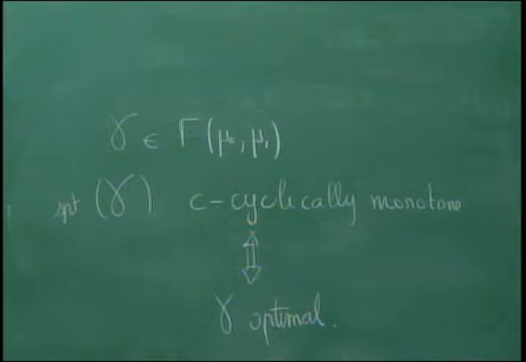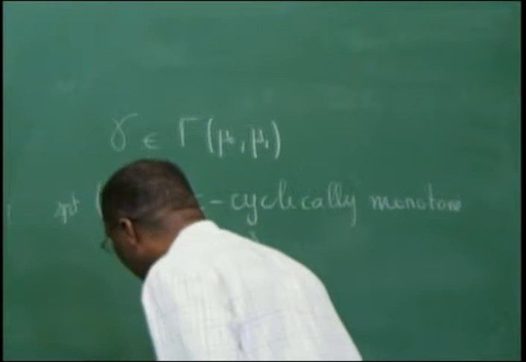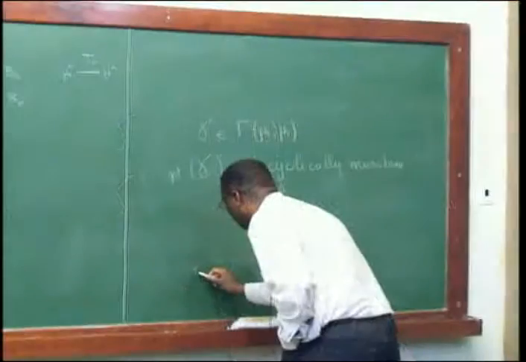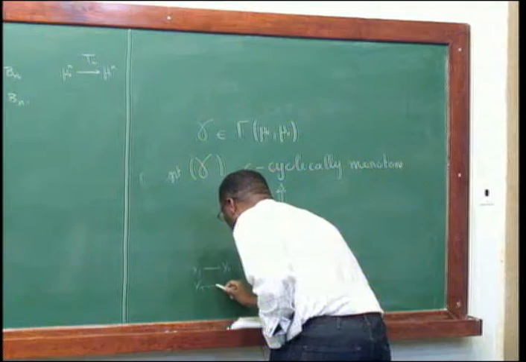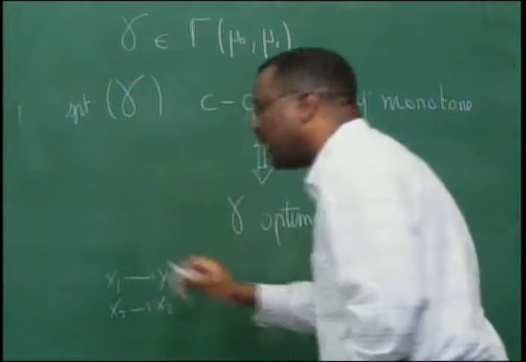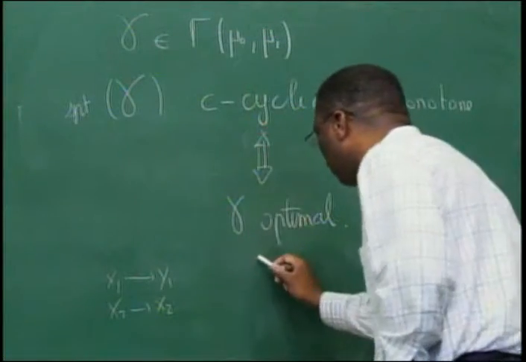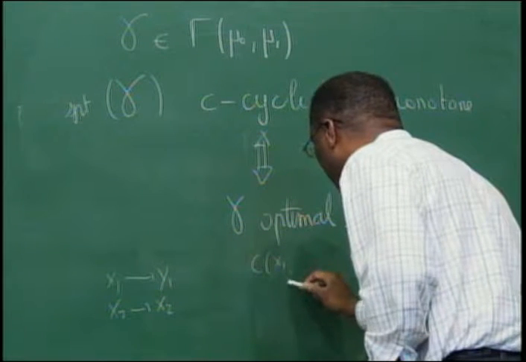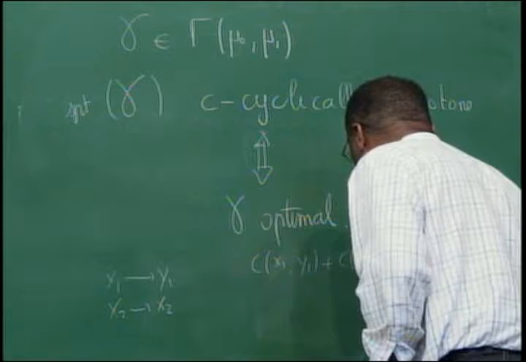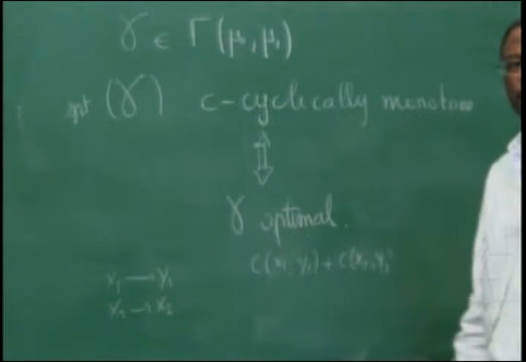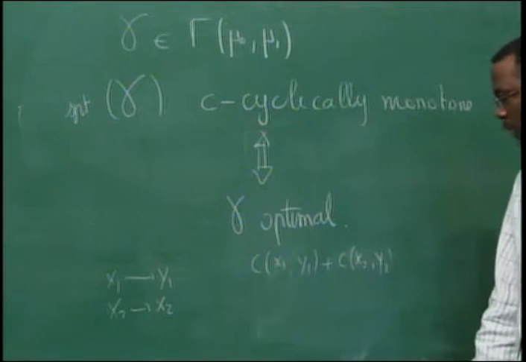So what does C cyclically monotone mean? Assume that I decide to send S1 to Y1, S2 to Y2, and I compute the cost. The cost will be C(S1, Y1) plus C(S2, Y2), with a 1/2 in front of it. But let me ignore the 1/2.